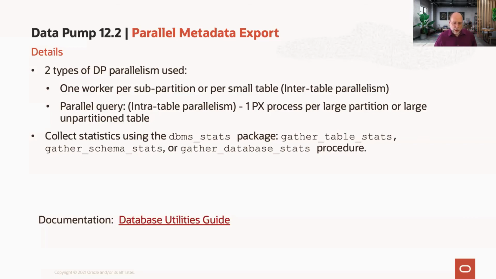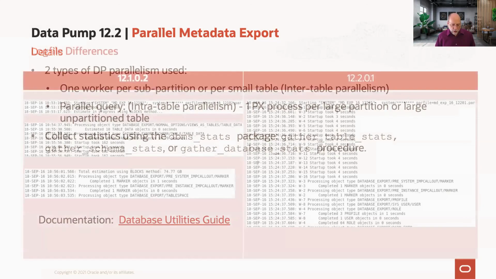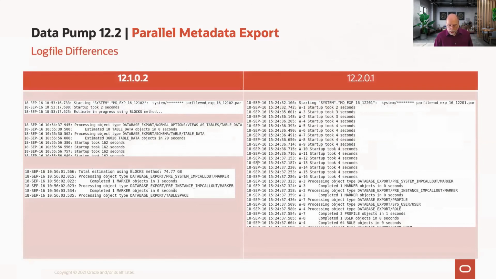In 12.2, we added export and import. For data, of course, we export using one worker per subpartition, per small table, per partition. And now in 12.2, we can use those same worker processes for metadata. This is how it will look different in your log files.